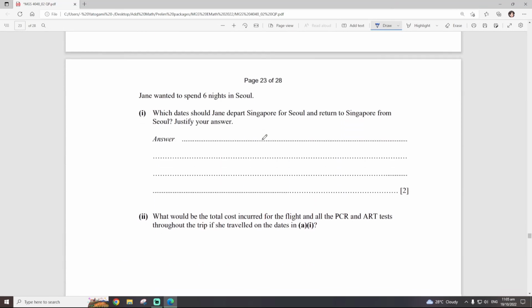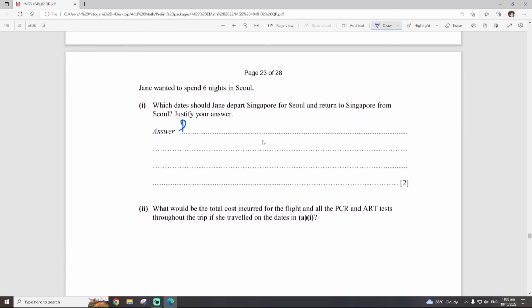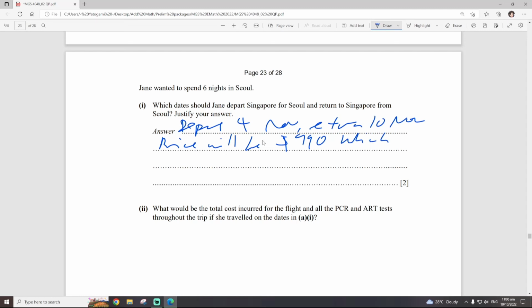Yeah. The price will be $990, which is the minimum for 6 nights.